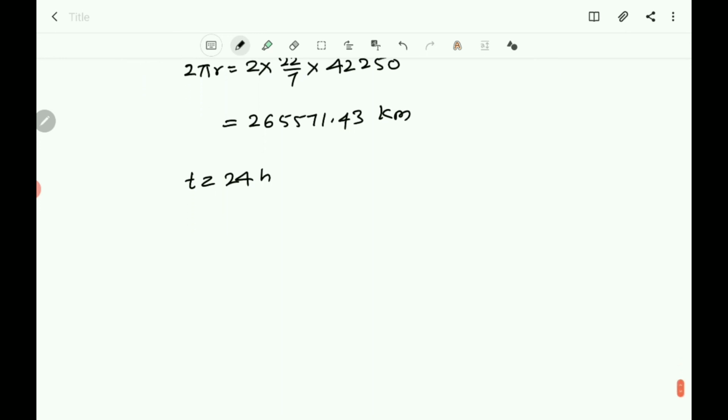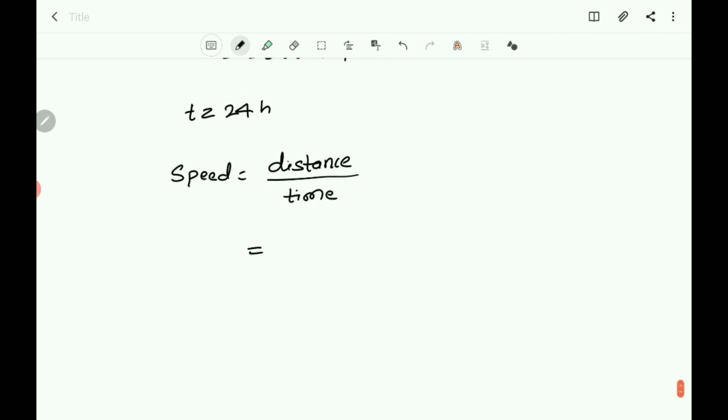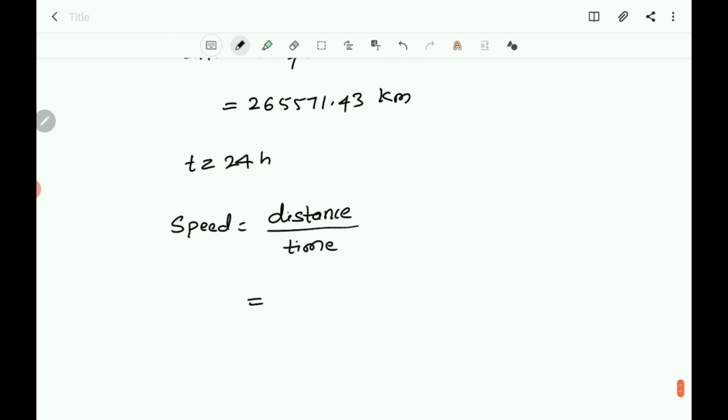So you write the formula for speed, that is speed equals distance by time, that is equal to, the distance is 2,65,571.43 kilometer. Time taken is 24 hours.